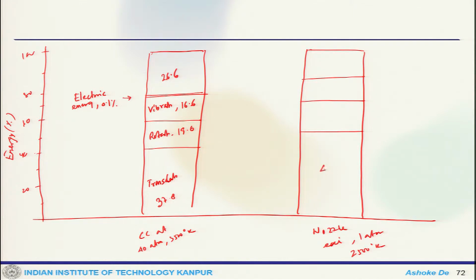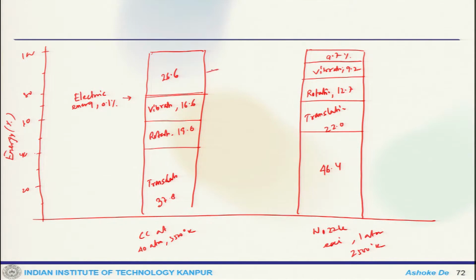So, this is 46.4, this is my translation which is 22, rotation 12.7, vibration 9.2, and this is 9.7%.